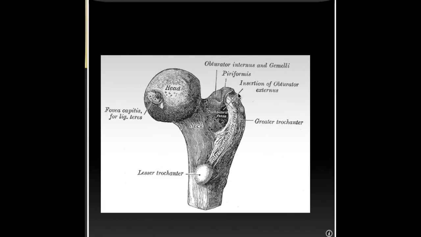The lytic areas or lucencies of the bone are going to be smaller, and the main differential that we include in this case is metabolic disorders such as hyperparathyroidism, and that will be the main difference between these two patterns. So always in the back of your mind, you'll be surprised how often metabolic disorders can mimic a bone tumor based on their appearance. So it's always something to have in mind as part of your differential.